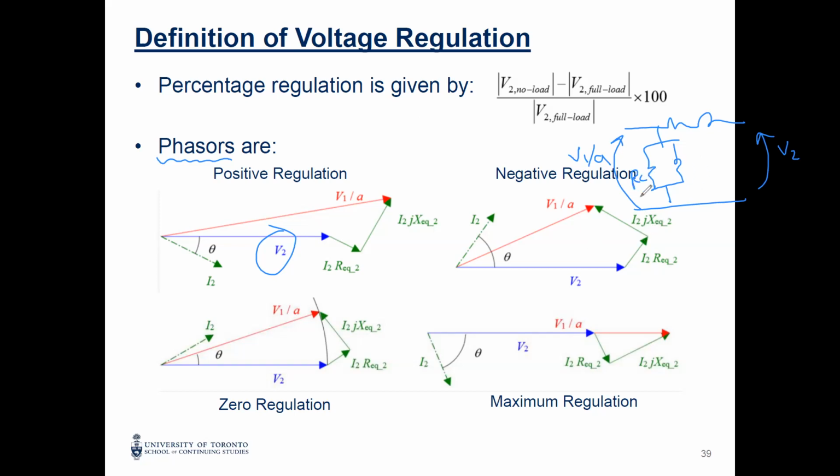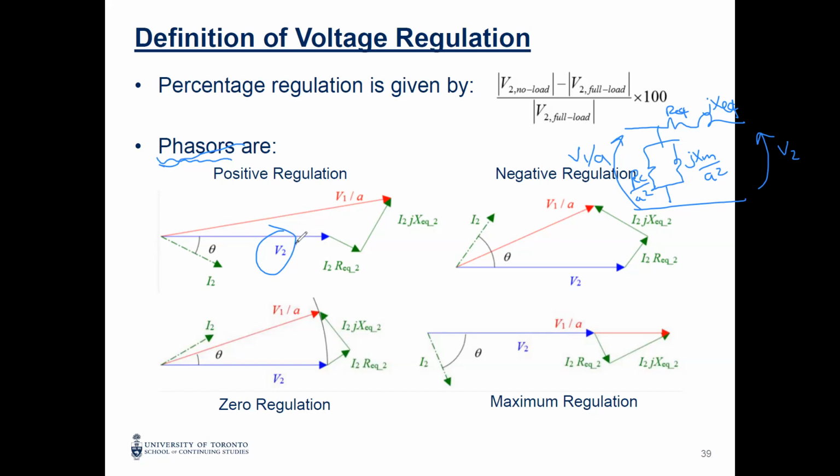So this is RC over A squared. This is JXM over A squared. This is R equivalent, and this is X equivalent. By the way, whether your circuit is referred to the primary or the secondary doesn't matter for the voltage regulation. They will give you the same number. But for these phasors, we used the circuit referred to the secondary.